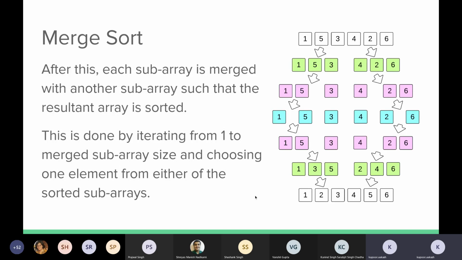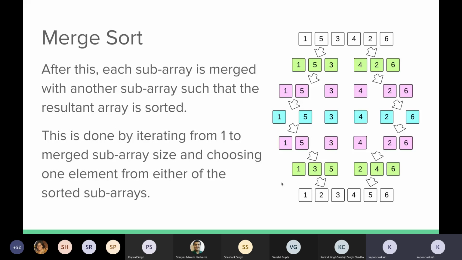So if you want to do a complexity analysis of this, you can see that every merge can take n steps, but then there are log n number of merges. This is a very rough offhand calculation. You can do it in a much better way, but a rough calculation would say that there are n steps in a merge and there are log n number of merges that will happen, because the number of merges depends on the number of depth levels in some sense.